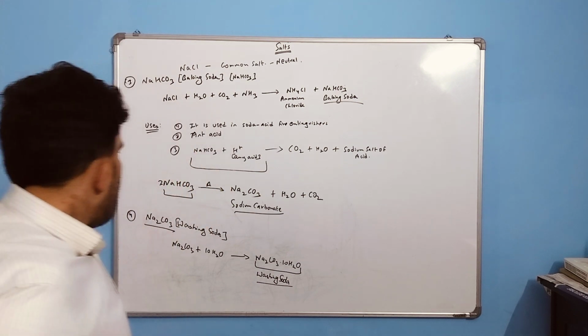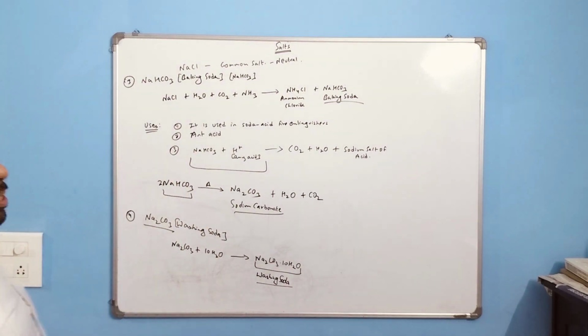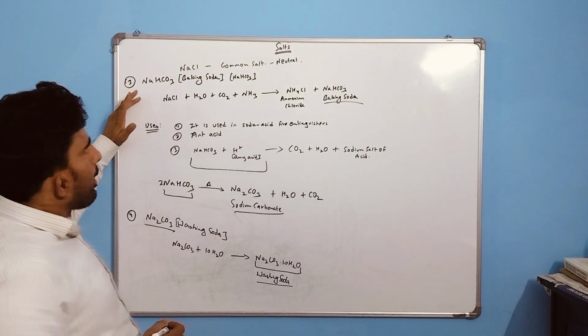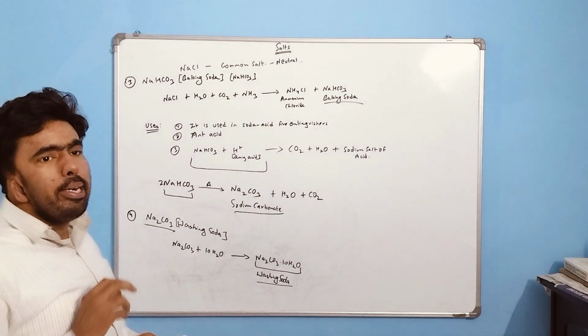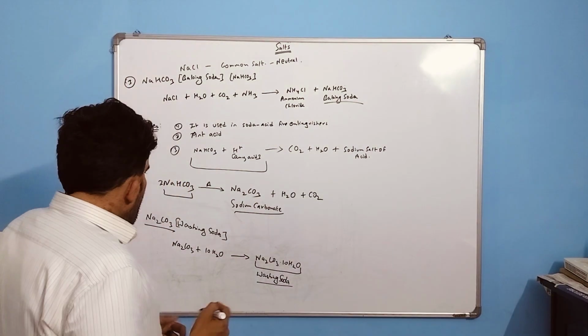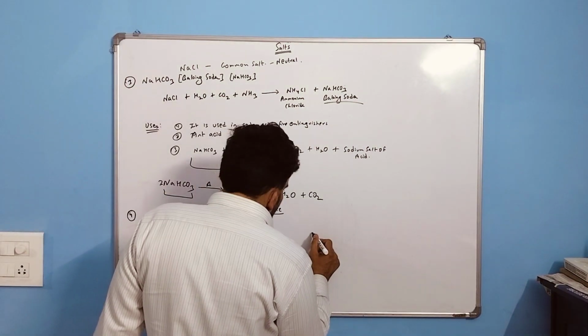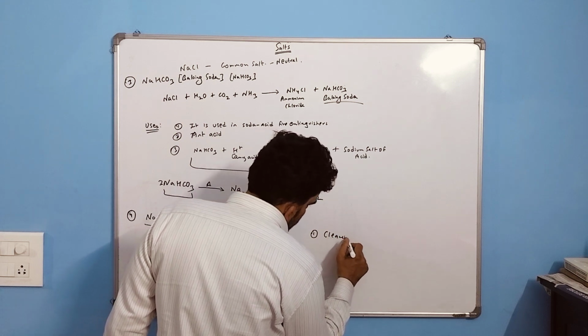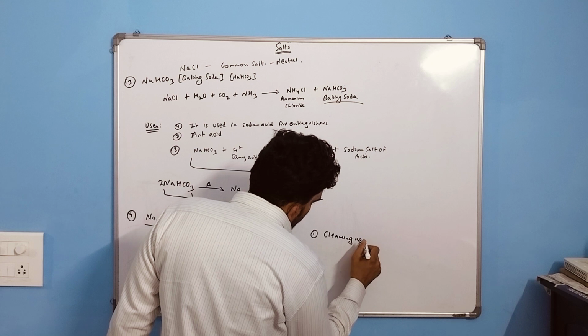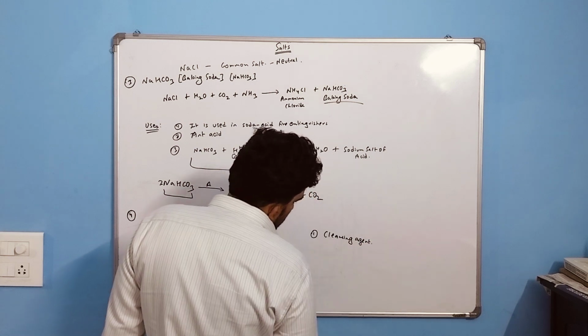Now, washing soda has many uses. Washing soda and baking soda are both important chemicals used in various industries. What are the uses of washing soda? Number one, it is used as a cleansing agent in many domestic purposes.